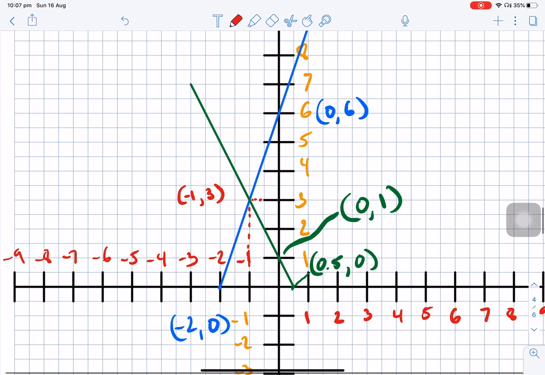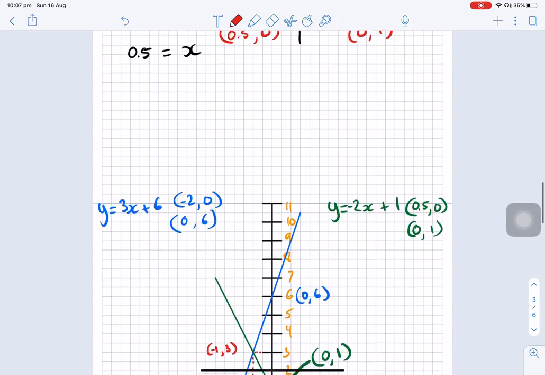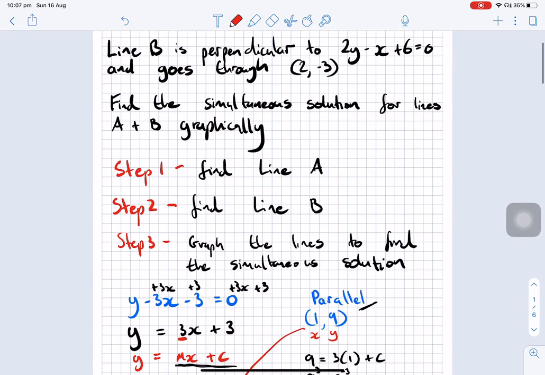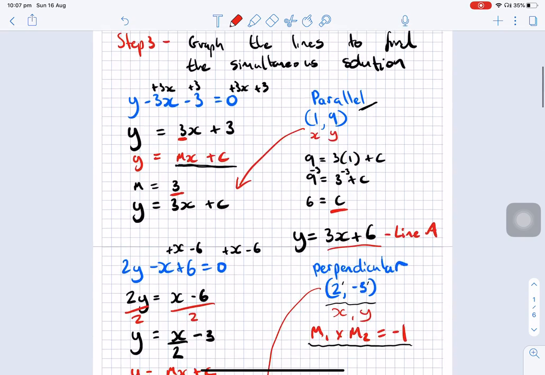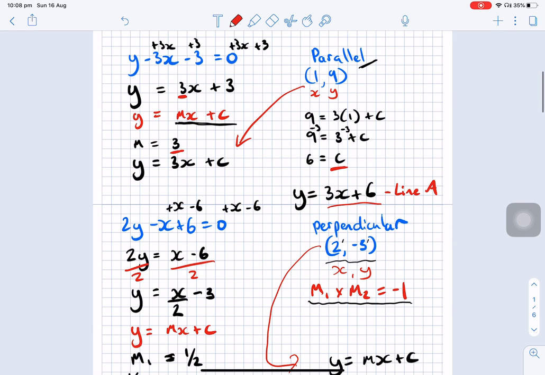So a bit of a fiddly question, it's a couple of steps, and remember that half of it did come from linear equations. Remember what we did here: we found line A, which was parallel to y minus 3x minus 3, rearranged that equation, which told us the gradient.